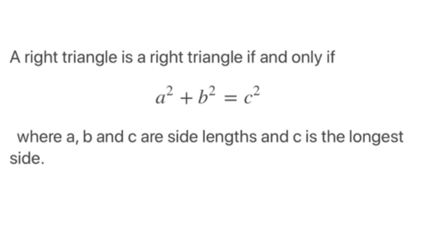And then it really doesn't matter which one's A or B, as long as you know that the other two are your leg lengths. So when you're given three side lengths, C is always your longest side length. Go ahead and pause the video here and copy this slide into your notes.